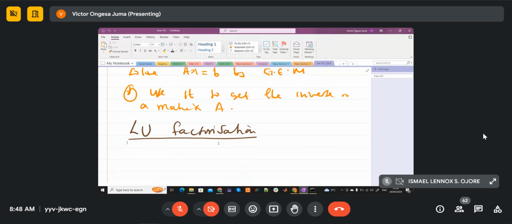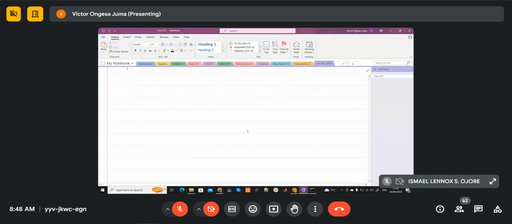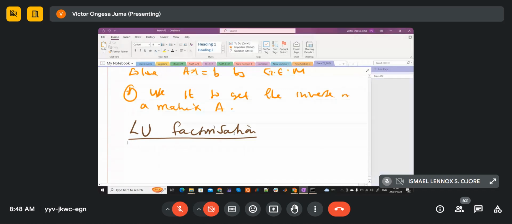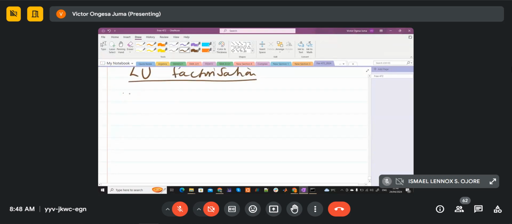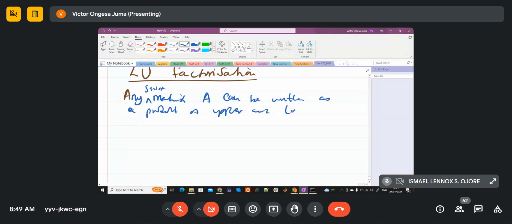And LU factorization, just as the word says, it says that any square matrix A can be written as a product of upper and lower triangular matrices.